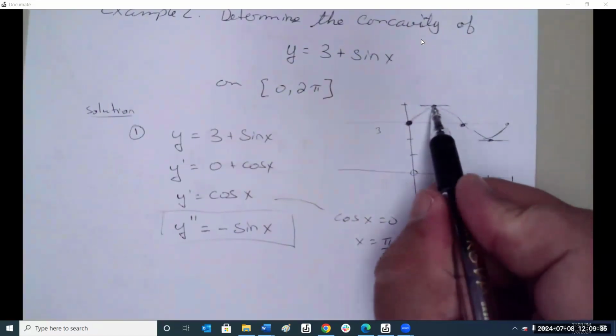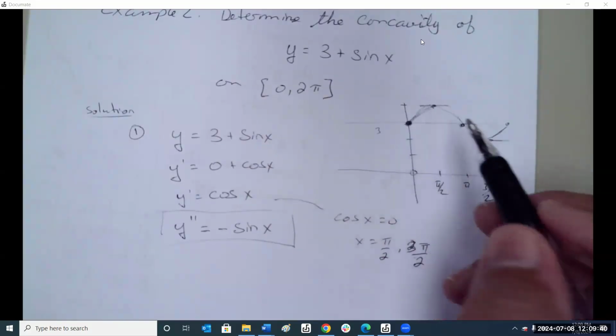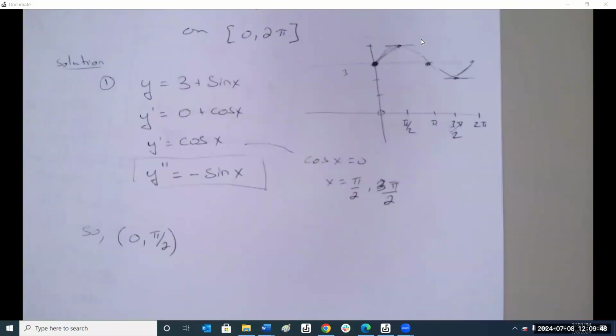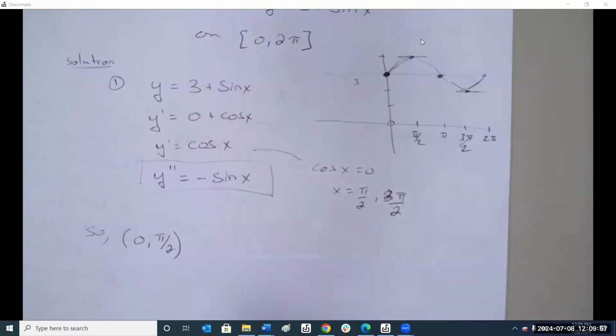Since we know that that's a vertex, what do we know about this side, this interval? So from 0 to pi over 2, what's happening? Is it concave up, concave down? Concave down.